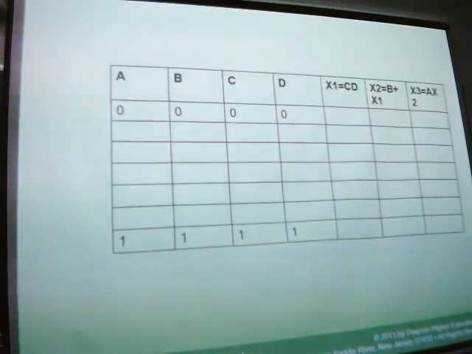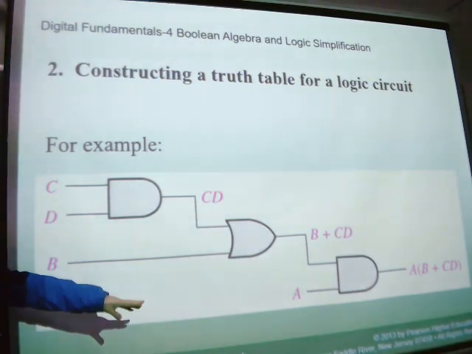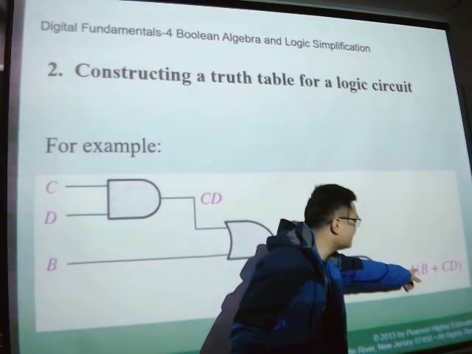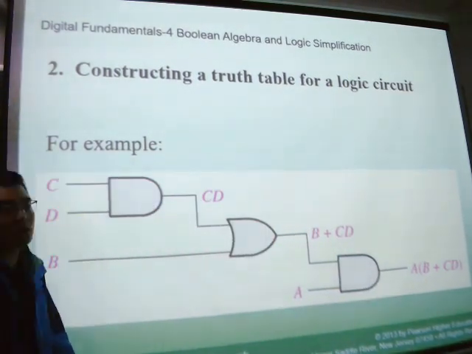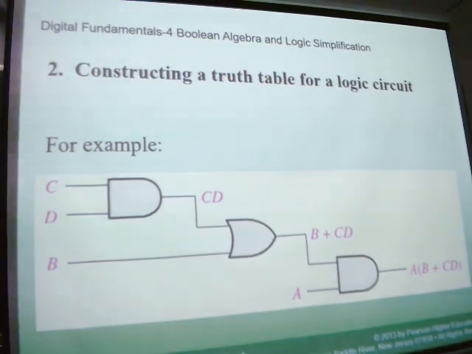For example, if A, B, C, D equals 0, 0, 0, 0, then we replace these values into the expression. 0 and any value equals 0. So x3 is 0.